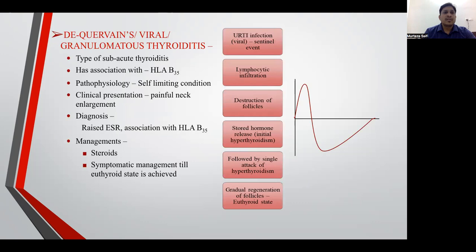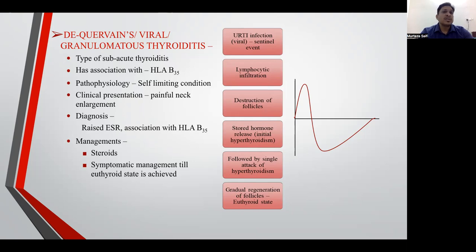We have to start with De Quervain's viral granulomatous thyroiditis. It is a type of subacute thyroiditis, and it has association with the HLA-B35 gene. It's generally a self-limiting condition, and painful neck enlargement is there.